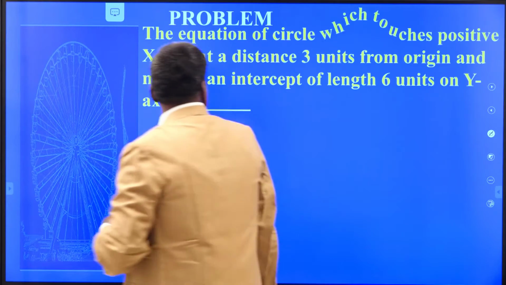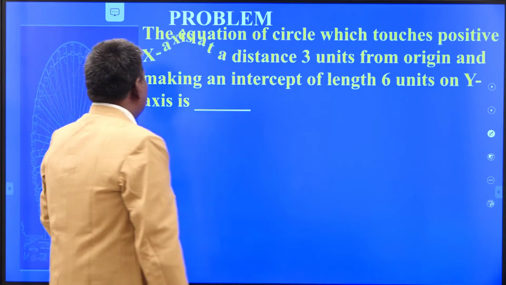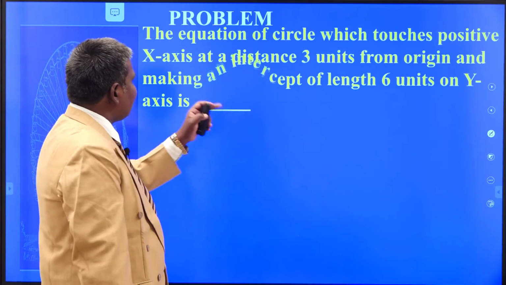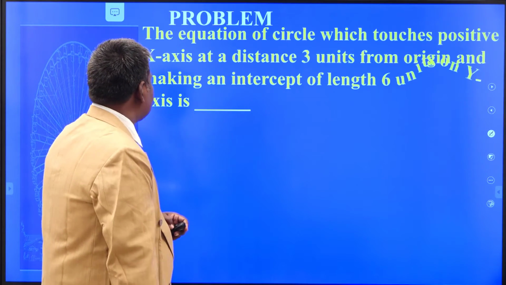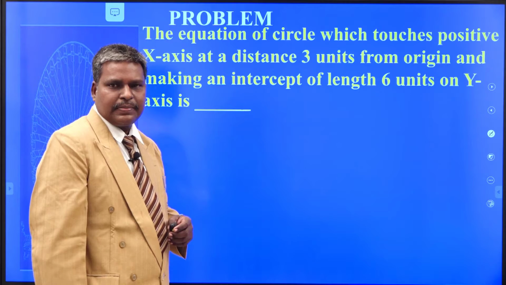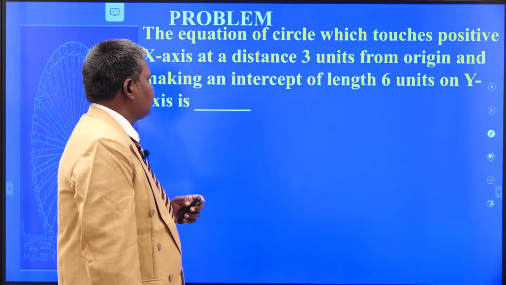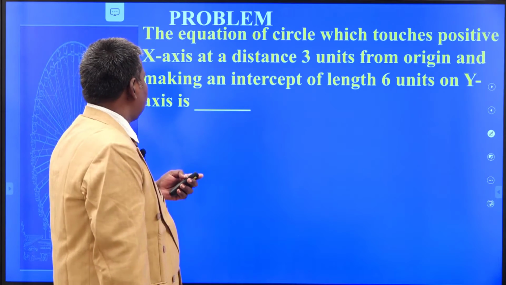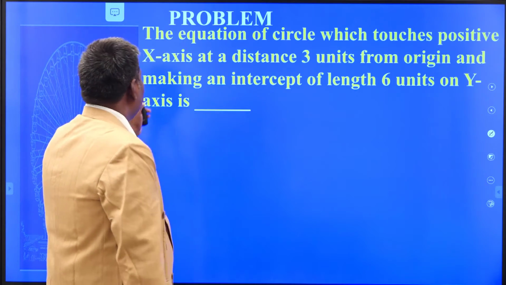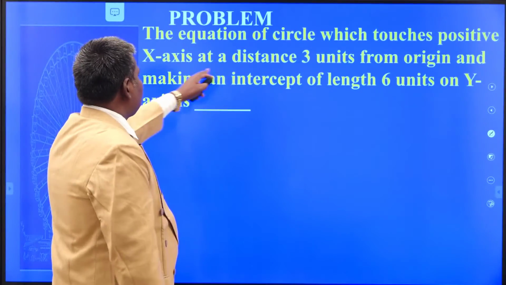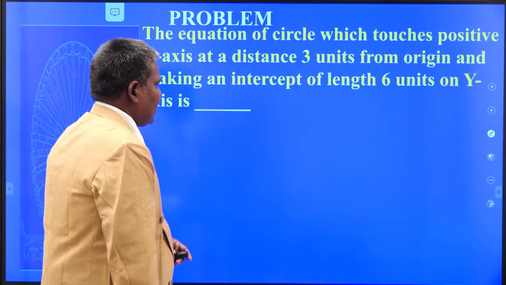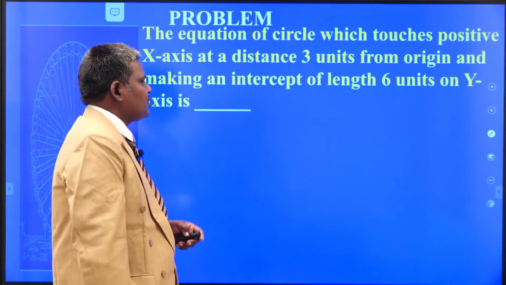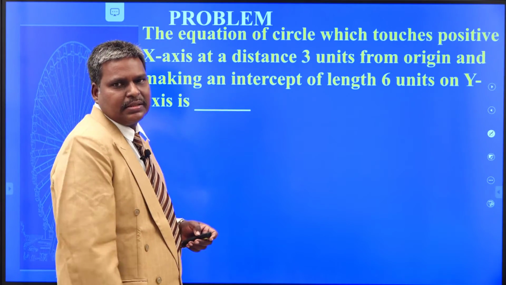So what are the conditions satisfied by the circle? It touches the positive x-axis at a distance 3 units from the origin. That is one condition. And it makes an intercept of 6 units on the y-axis.